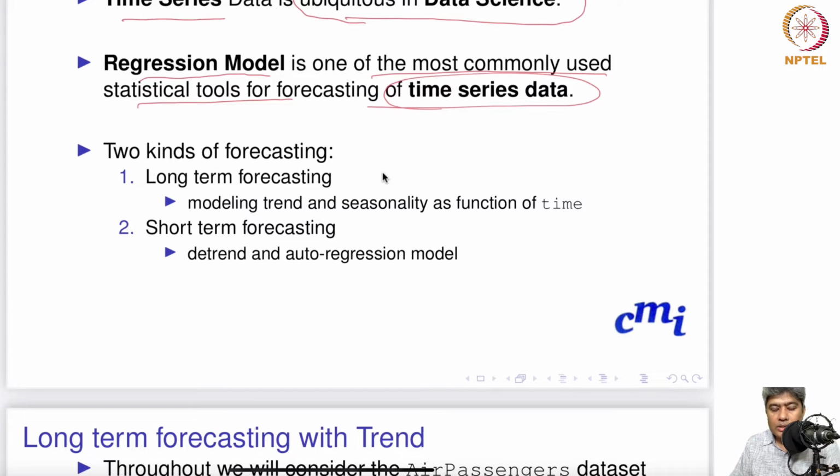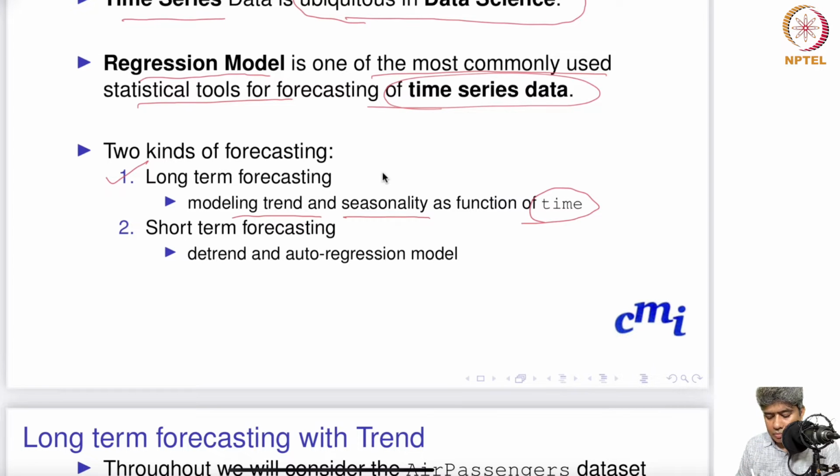One objective is long-term forecasting. If you want to forecast long term, then modeling trend and seasonality as a function of time is very important, and a lot of effort has to be put into modeling the trend and seasonality of the time series data.